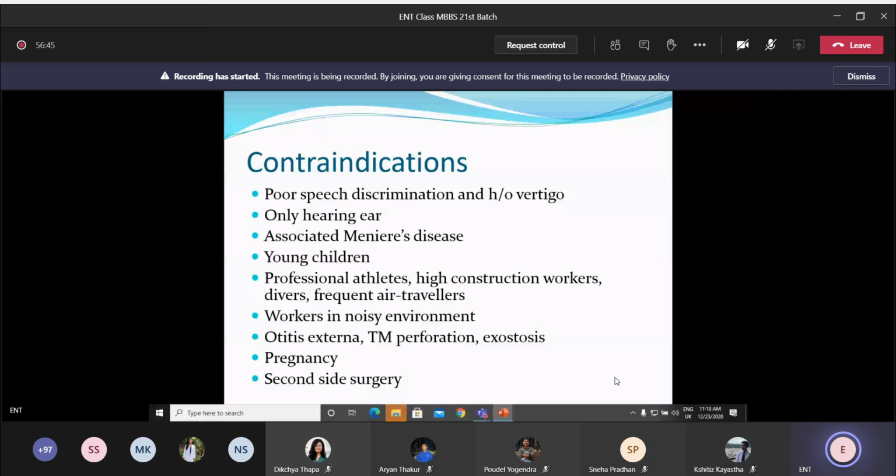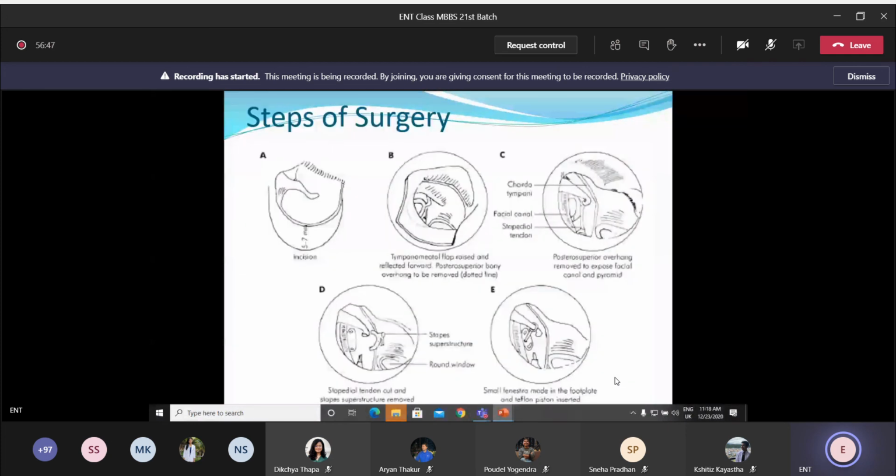Now, if you look at stapes surgery, it's similar to myringoplasty. There are approaches where you can do an endaural approach, you can do a postaural approach. These days endoscopes are there, so you can even do it endoscopically. It can be done under local as well as under general anesthesia.